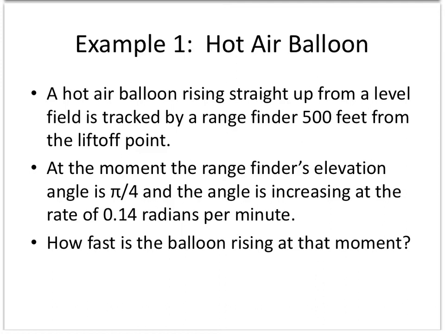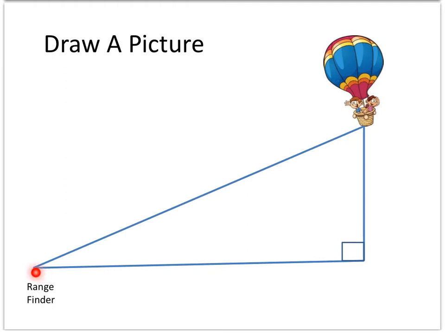Again, I could stare at those words for 30 minutes and still not know what to do. But if I draw a picture, a little dude rangefinder here, and a balloon, I say, oh, here's a rangefinder, here's an angle, here's the distance from the balloon, here's the height of the balloon. I can figure any of these values out because this is a right triangle. So this helps me see.